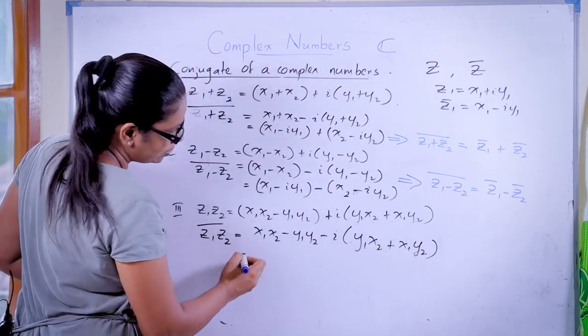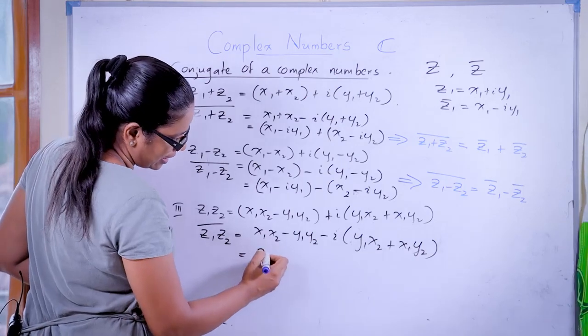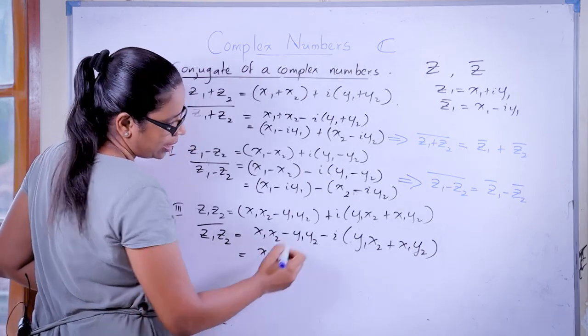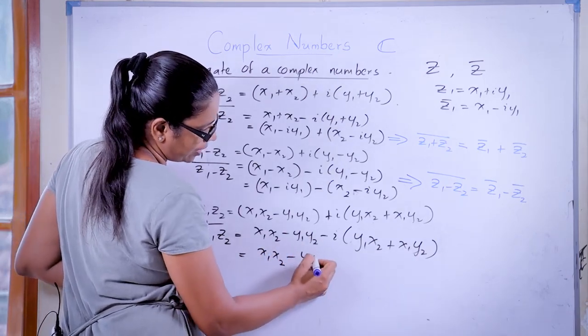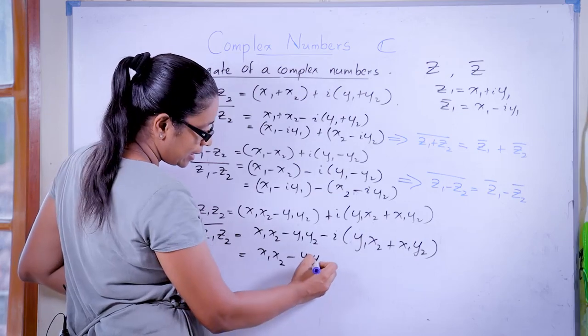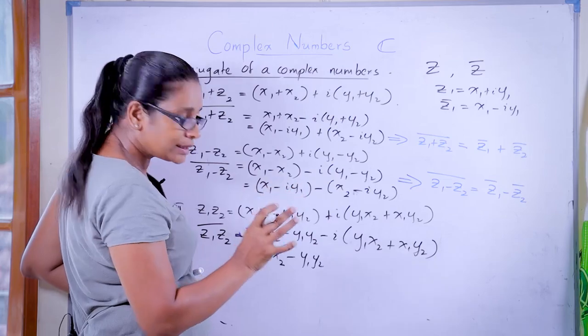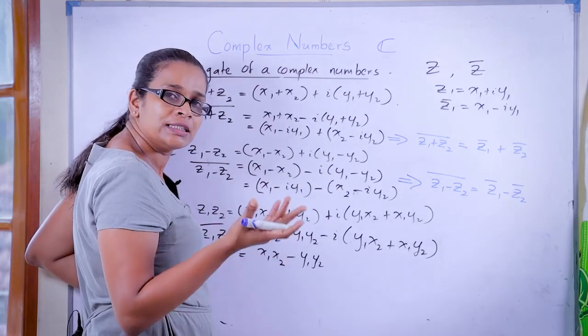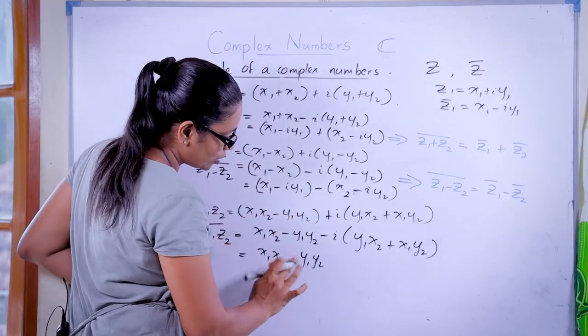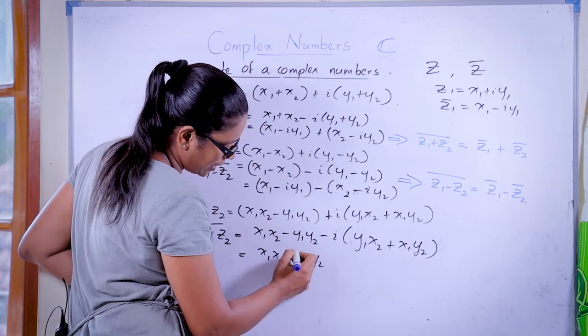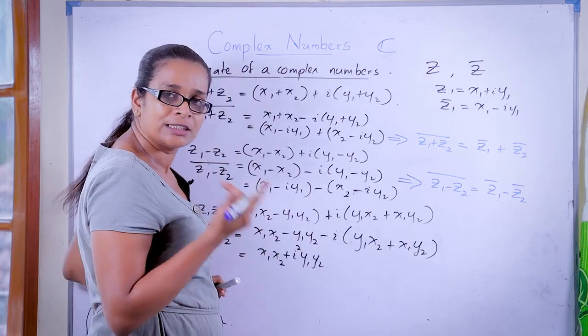Okay. Now, remove the bracket. x1 x2, here minus y1 y2. Okay. There's a minus sign here. Minus 1, you can consider minus 1 as i squared. Okay. So I am going to write this one as plus i squared.